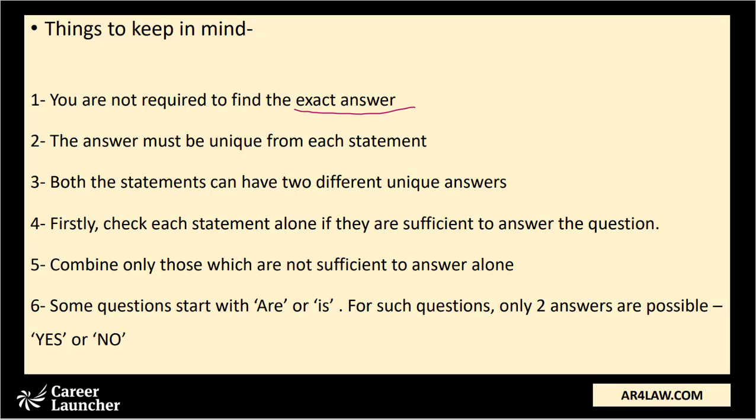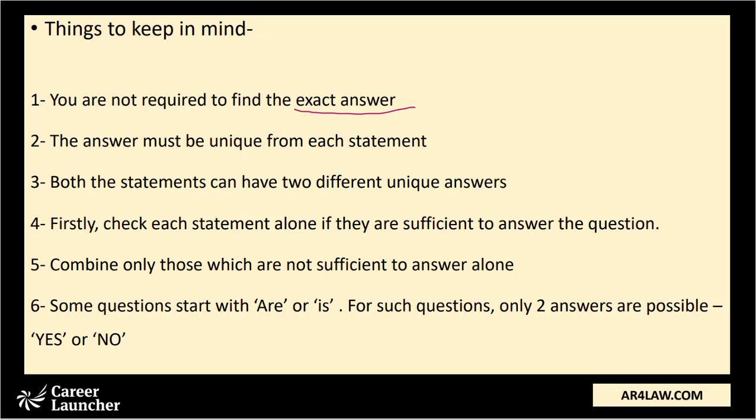Now, as we have two statements, and we know with option choice C that either of the statements can give us an answer, some of you might feel that both the statements should give us the same answer. No, that is not the case. The criterion is knowing whether an answer is possible or not.